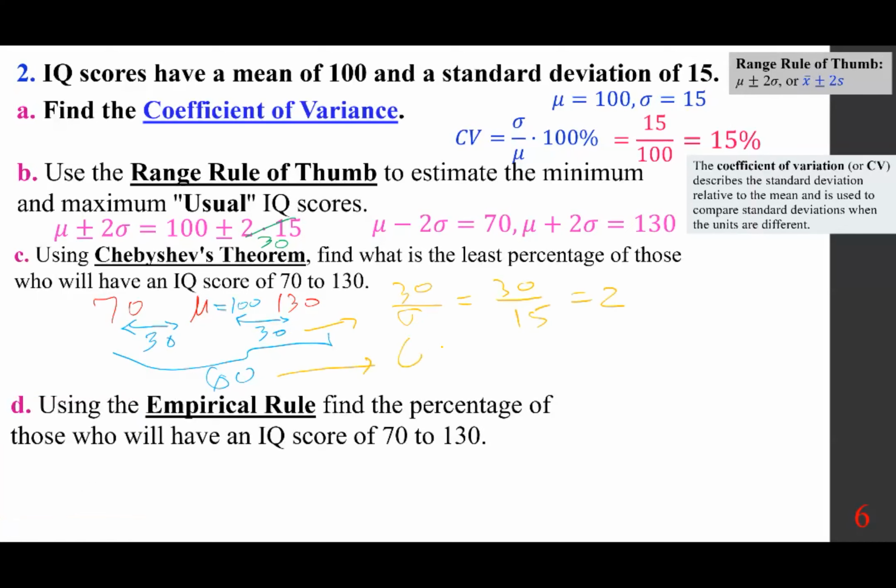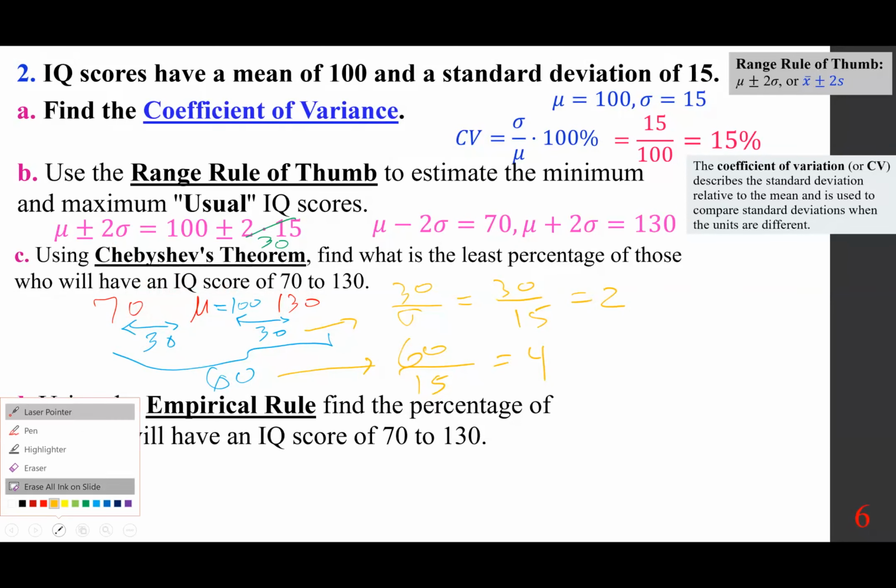If you divide this one by sigma, you get 4, which means the total distance covers 4 standard deviations. Each side is half of that. Or just calculate one side. By the way, they both must be identical on both sides. So you already know the number of standard deviations is 2, or k is 2. Okay. So let me clean up the mess.